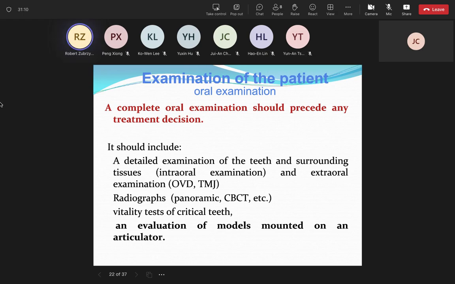So on the first visit, we can also take some impressions, anatomic ones, and cast models from them and set them in an articulator to see how the patient looks, because we can see it better than in the patient's mouth.